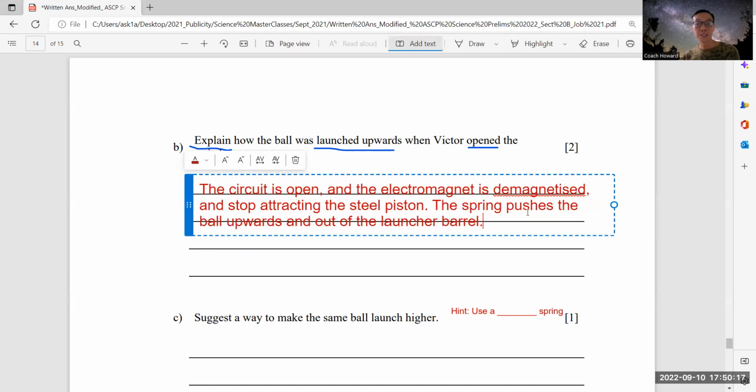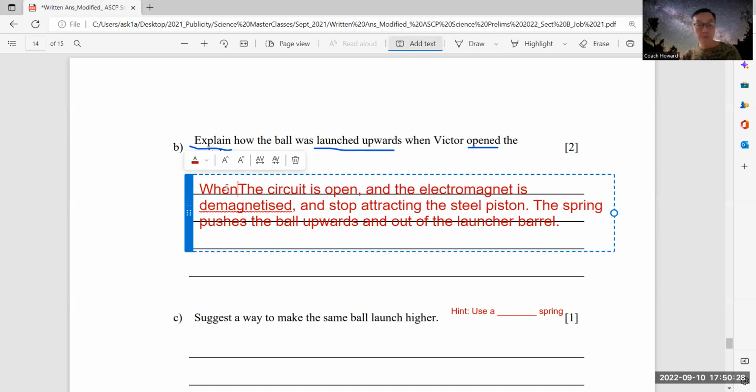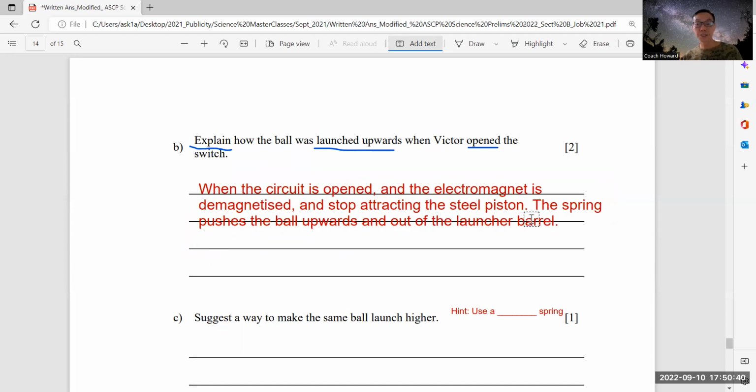You should say, when the circuit is open, the electromagnet is demagnetized. It stops attracting the steel piston.